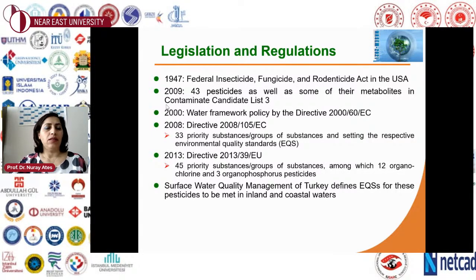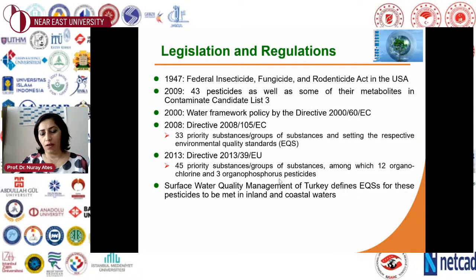After that, in 2013, the priority substances increased to 45, and among them, 12 organochlorine and 3 organophosphorus pesticides are included.